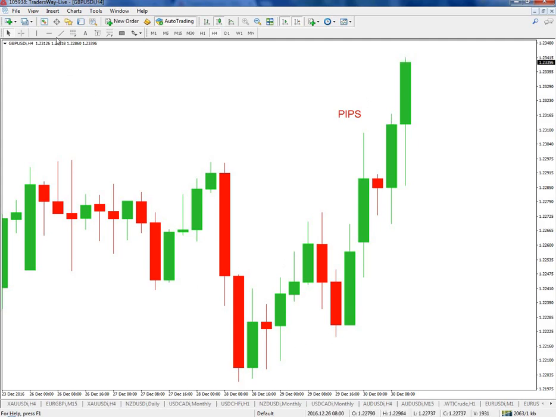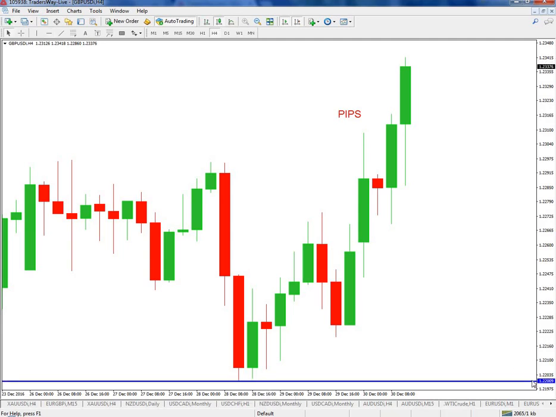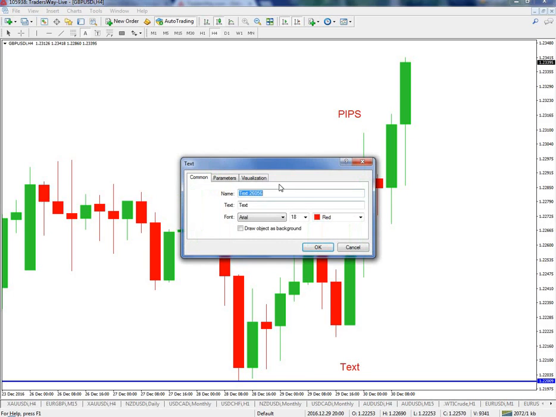So we can see here that price went from 1.22000. Let's keep it very simple. That was where price started, 1.22000.